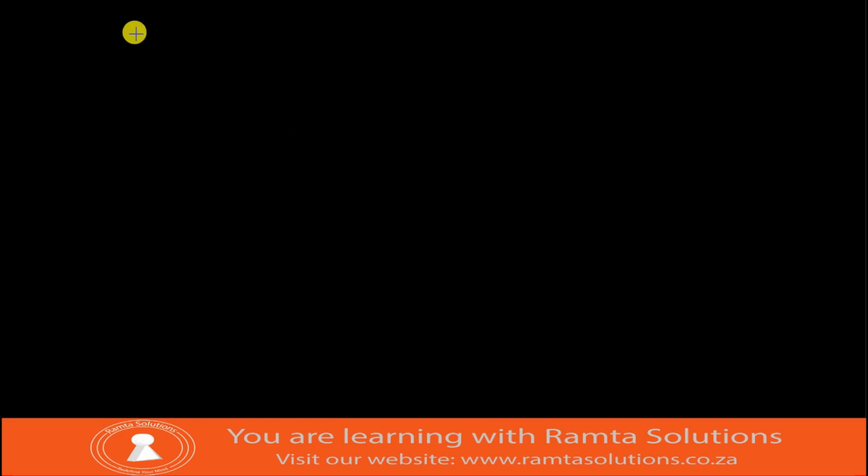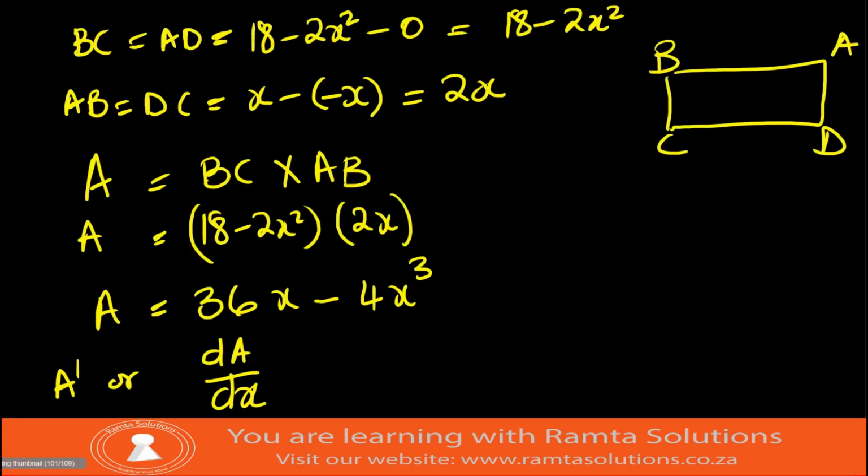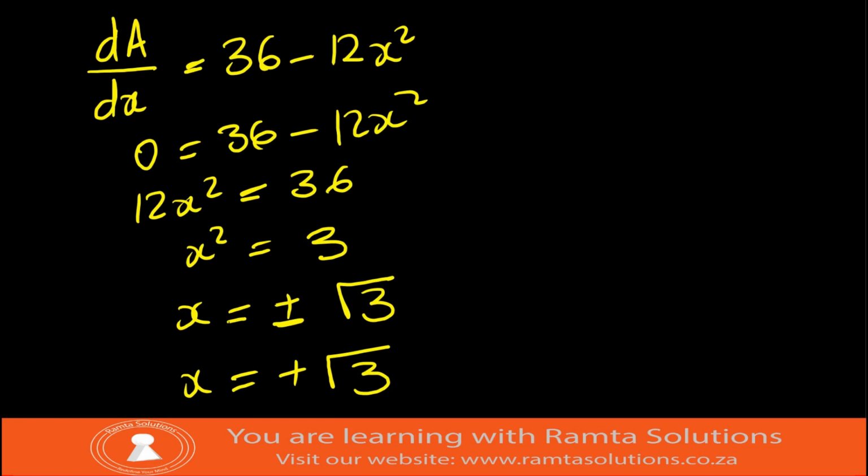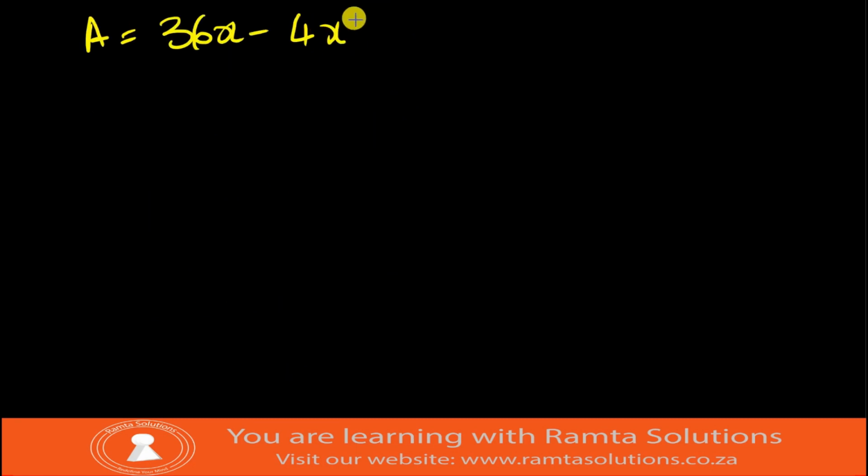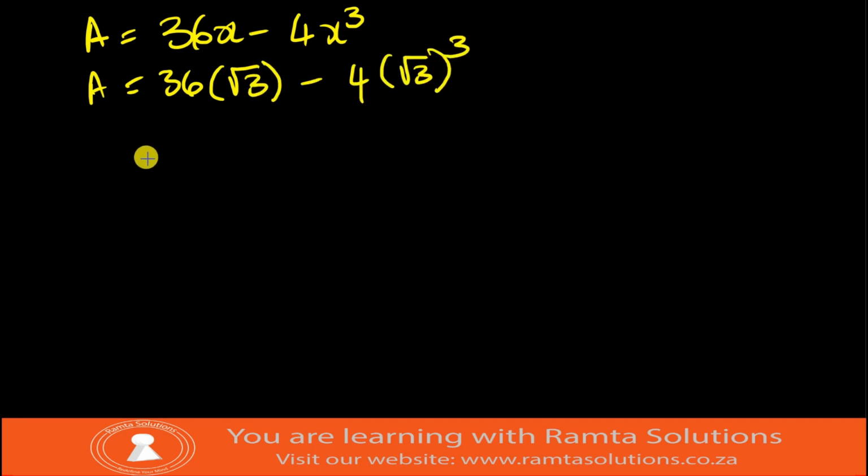So what we got was A equals 36x minus 4x cubed. So this is 36 into root 3 minus 4 into root 3 cubed. Take your calculator and find this.